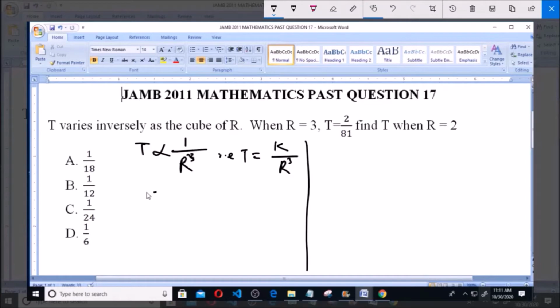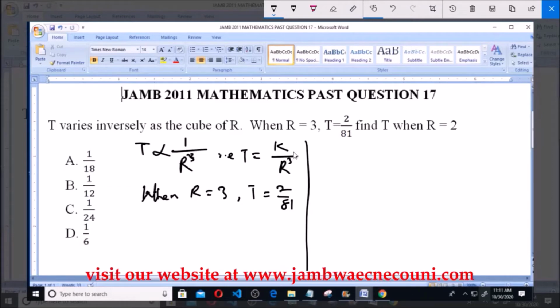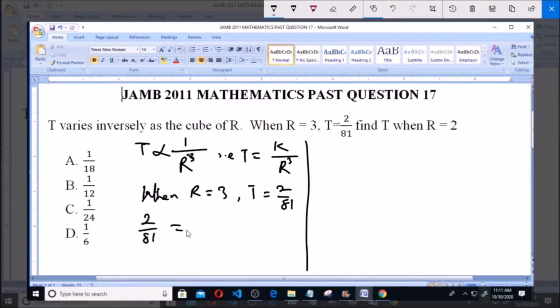Now, when R equals 3 and T equals 2 over 81, we're trying to establish the equation connecting T and R. So it simply means that 2 over 81 is equal to K over R cube, that is 3 cube, and 2 over 81 is equal to K over 27.